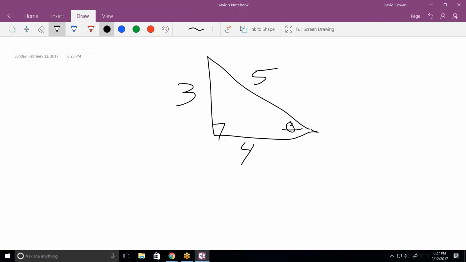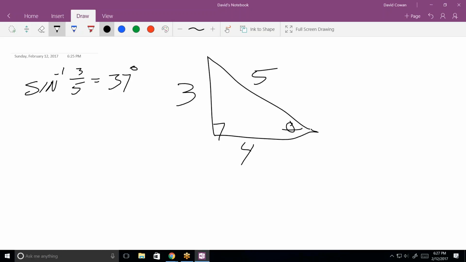Well, how would you solve for theta? The inverse function. Give me an exact answer. Inverse sine of 3/5. Yeah. And that will give you that angle, which is about 37 degrees.